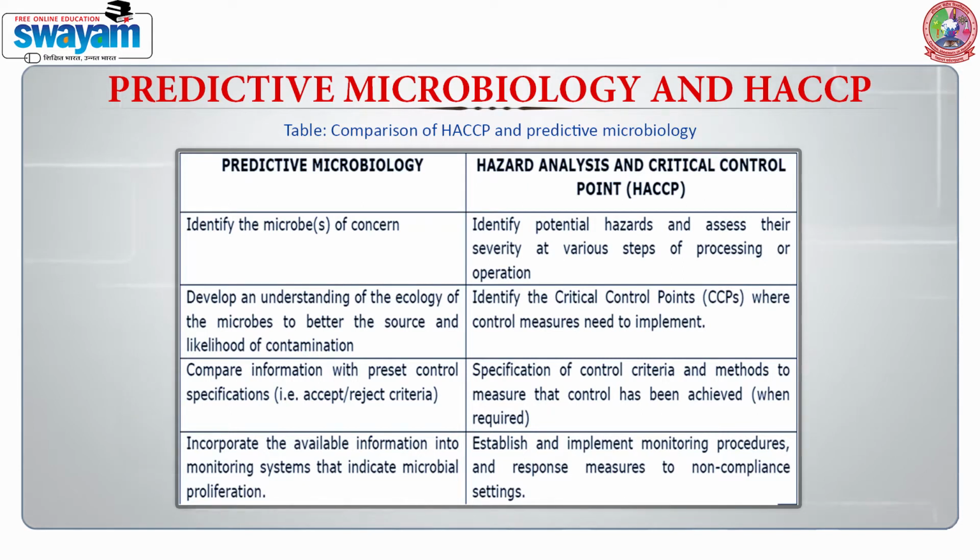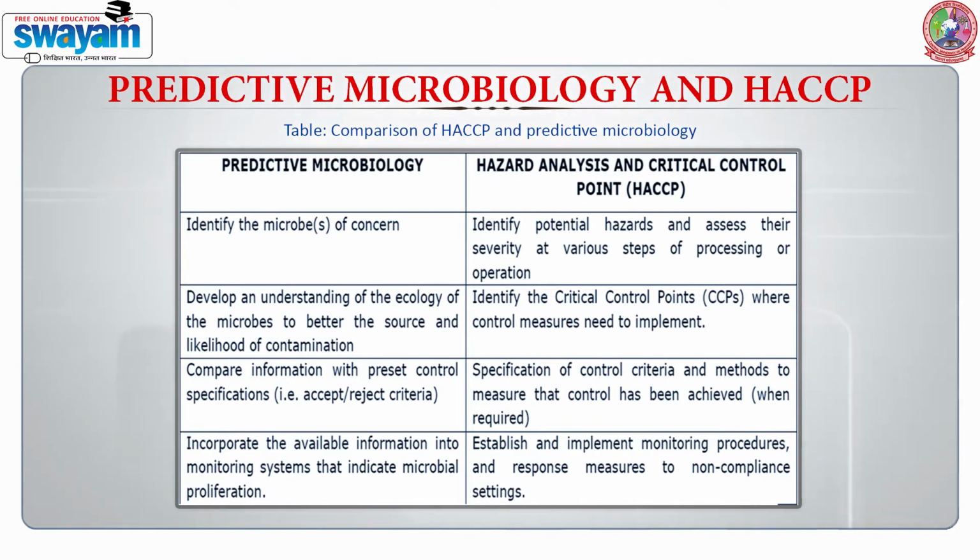But although I say that both the things are interlinked, that is HACCP and predictive microbiology, still there is a difference between the two because predictive microbiology identifies the microbes of concern, but HACCP is only focusing on the potential hazards.